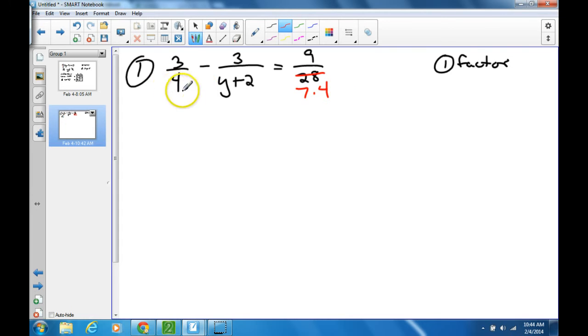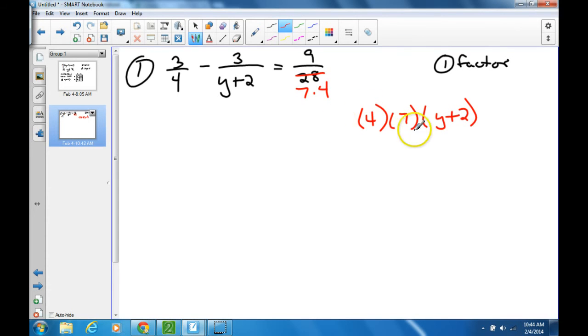So we already have a 4 here, we have a 4 here, so we want that represented once, right? We want a 7, because that's represented once. And then what's the other one that's represented once? Y plus 2. Do you guys see how I found that? We want every factor to be represented once. So we have 4 times 7 times y plus 2, and that's going to be our common denominator in this case.